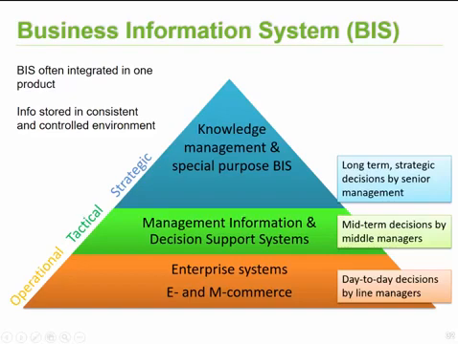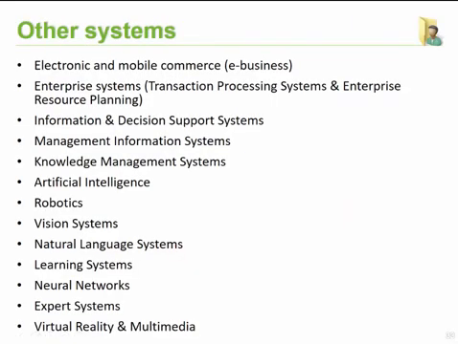Now, if we look at some of the systems that are available, we're just going to touch on a few of these in the next few slides. We have electronic and mobile commerce sites, typically referred to as your e-business systems. We have enterprise systems. Now these allow you to do transaction processing, selling products, exchanging services, exchanging information between companies.